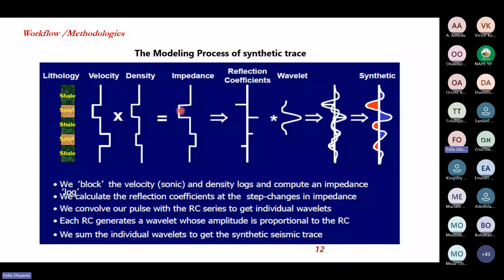Now, when you convolve this with the extracted wavelet, it's going to give you a wiggle, whether you have a peak or a trough. So basically, we've been interpreting a trough as where you have your negative amplitude, and a peak as where you have your positive amplitude.